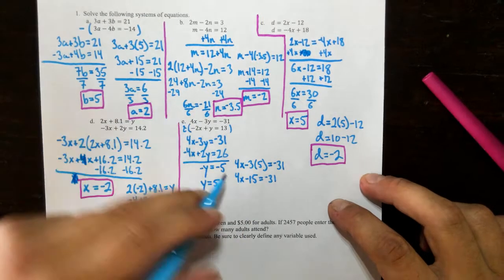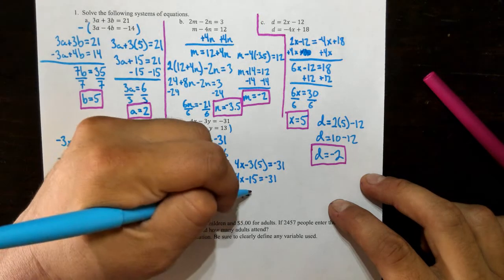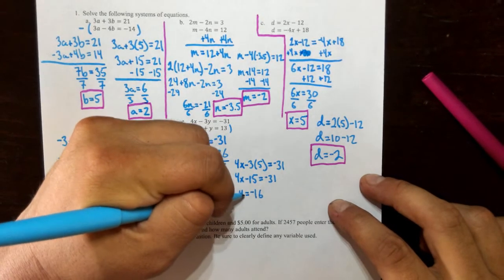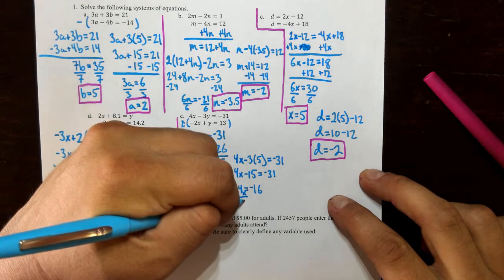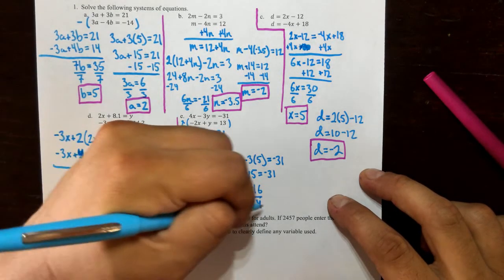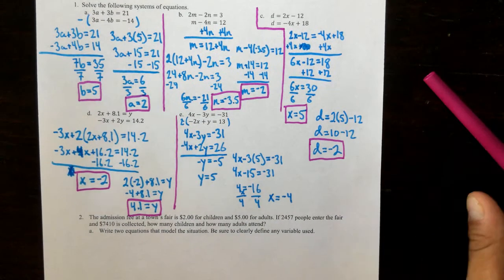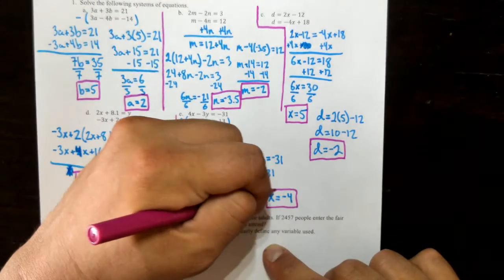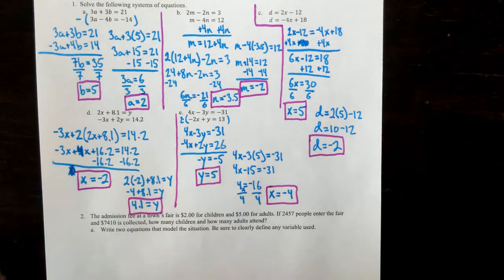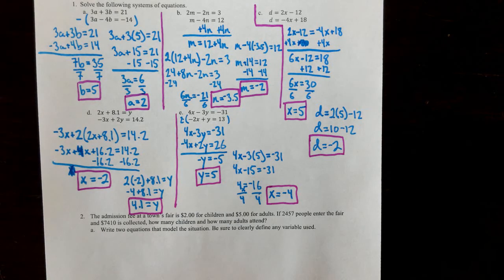Add 15 to both sides, and we're going to get 4x is equal to negative 16. Yep, and then divide both sides by 4. So x is equal to negative 4. And there we have it. So that's how we do this algebraically.